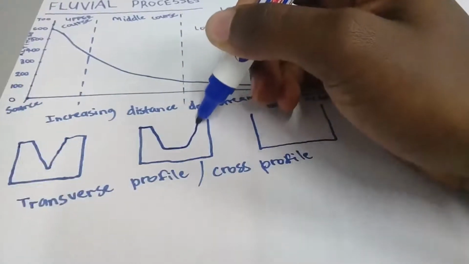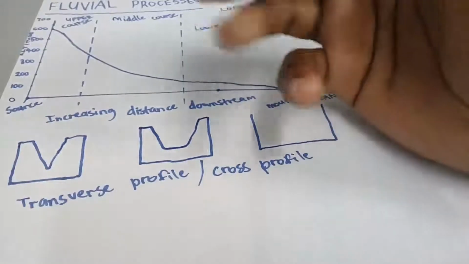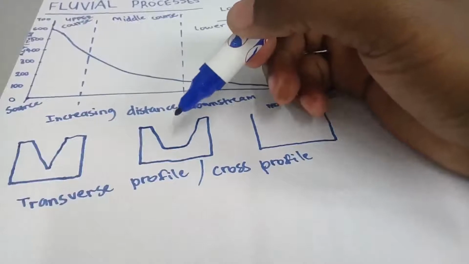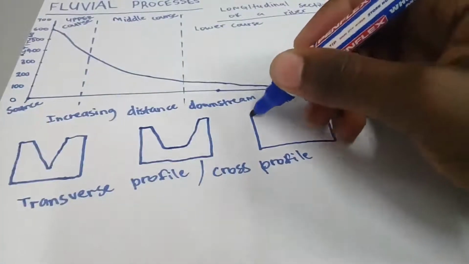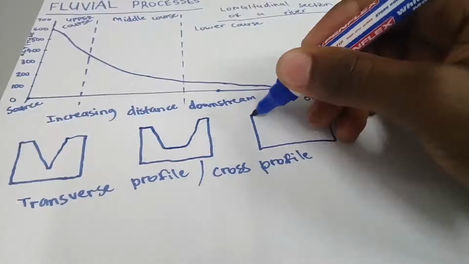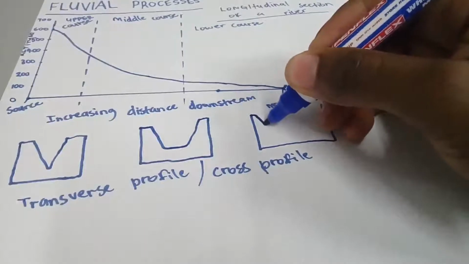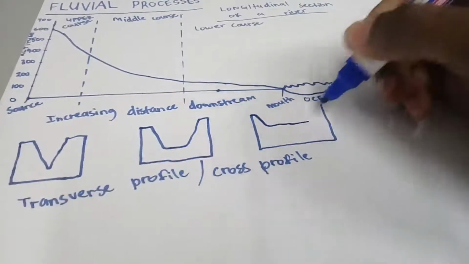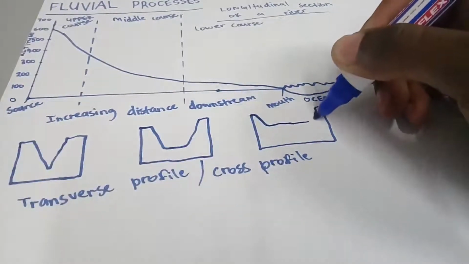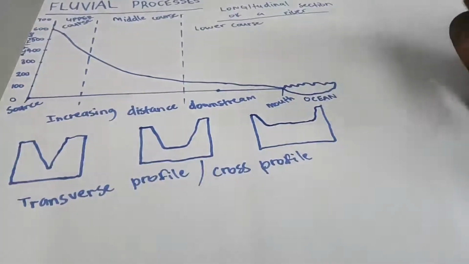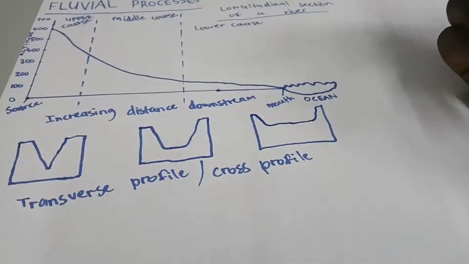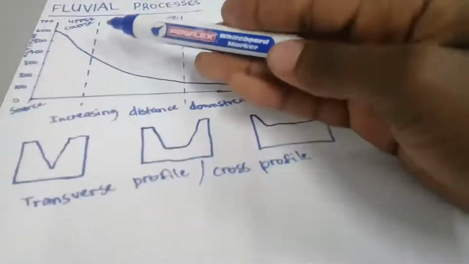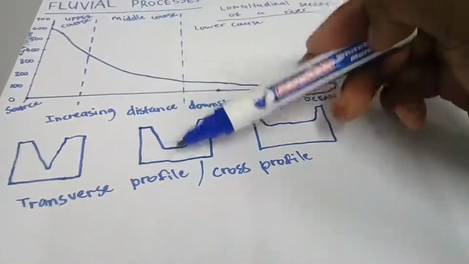This is the middle course. The middle course is wider than the upper course.